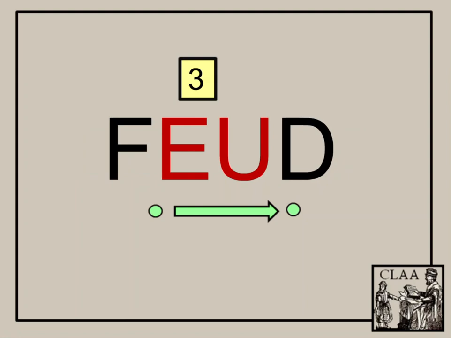And here we'll see another irregular word with the letters E and U. If we tried to read this with classical pronunciation, we might read it as FEUD, FEUD. And that would be close, but it would be wrong.